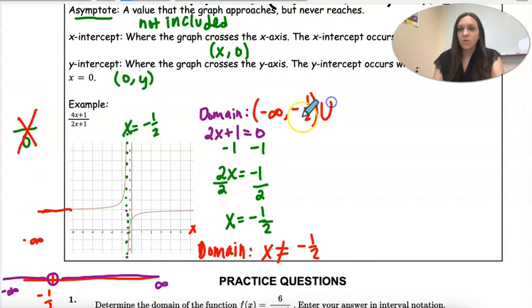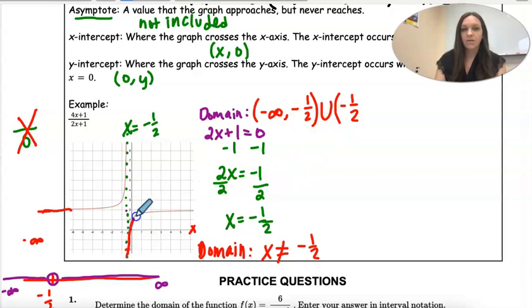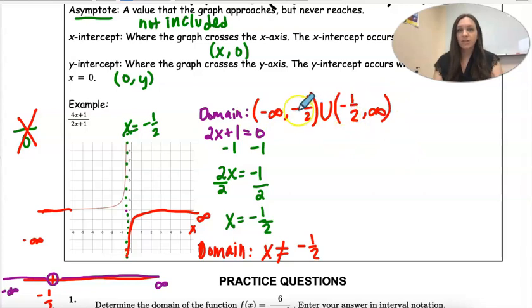That means that there's more than one interval. So then we're going to pick up again at negative 1/2, but we're not including it. So there's parentheses at both. So right here, we're going to pick up again, and our graph's going to go forever to positive infinity. So this is called interval notation. This is an interval. This tells us where the graph is on the x-axis.